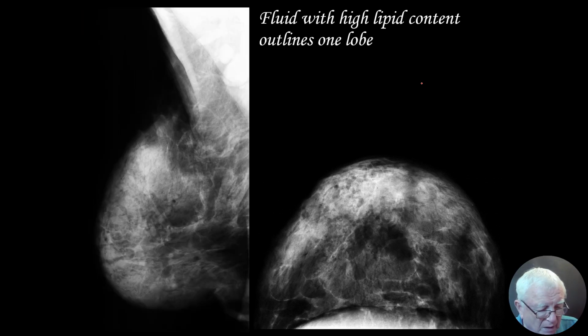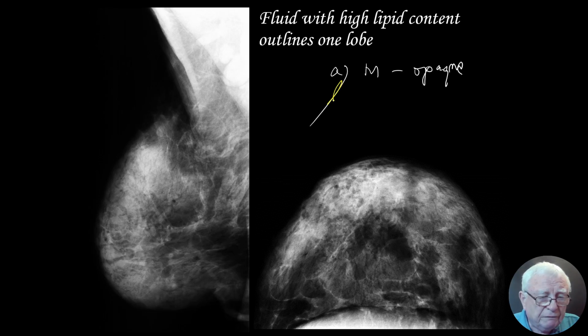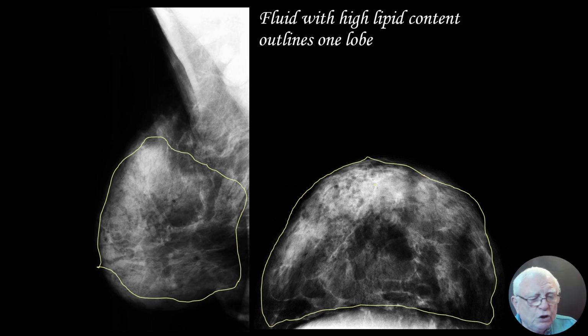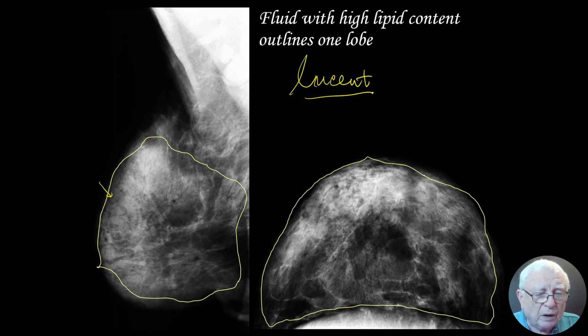Next, I have a question for you. So far, I showed the ducts on the mammogram, and it was radio-opaque. But what if the duct is radiolucent? It's right in front of you. A huge lobe is outlined by what? Radiologists, what is radiolucent on the mammogram? On X-ray?